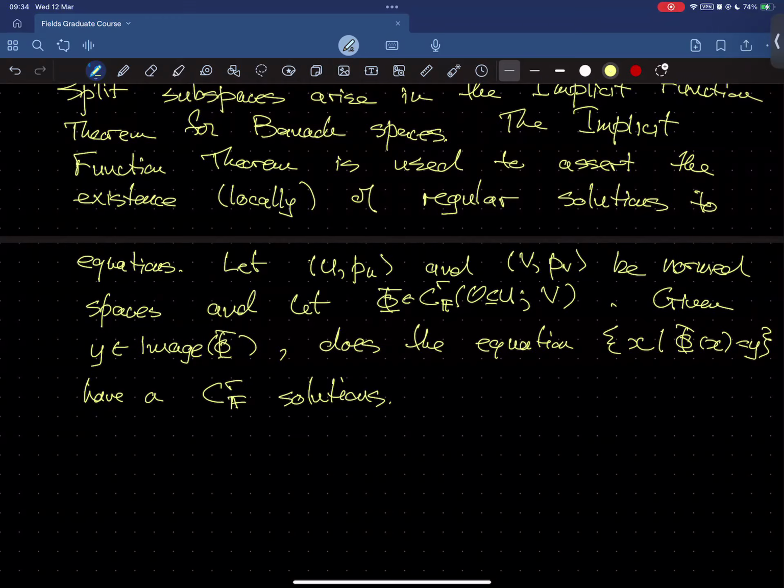This is where we're going to use calculus and split subspaces.